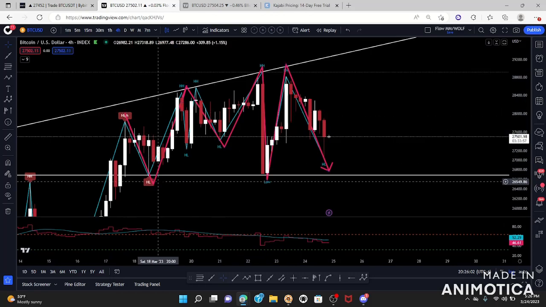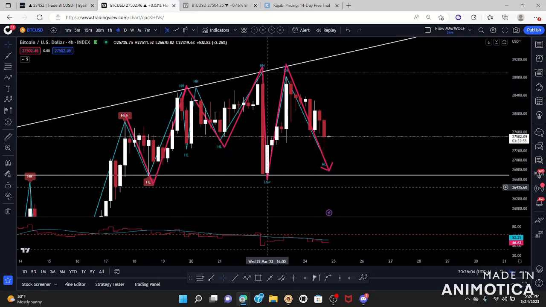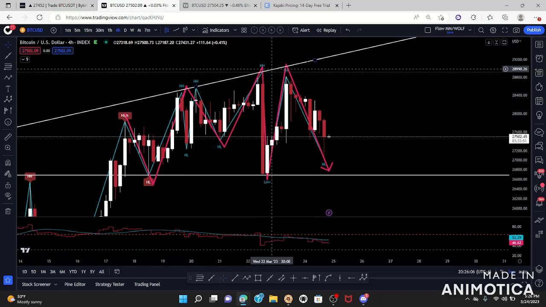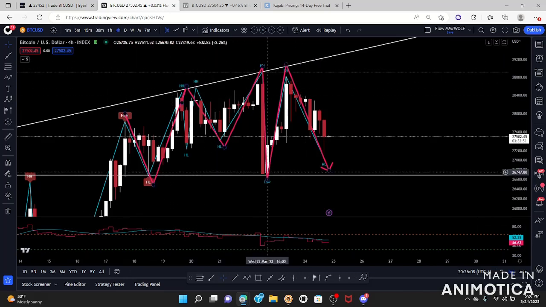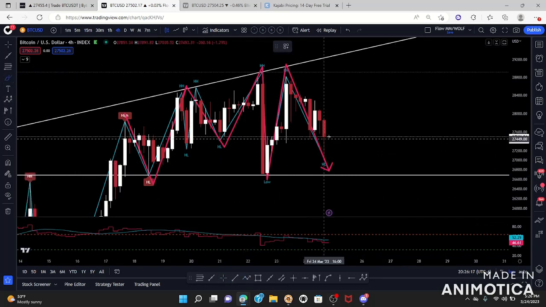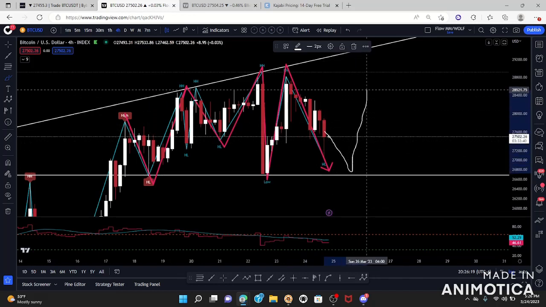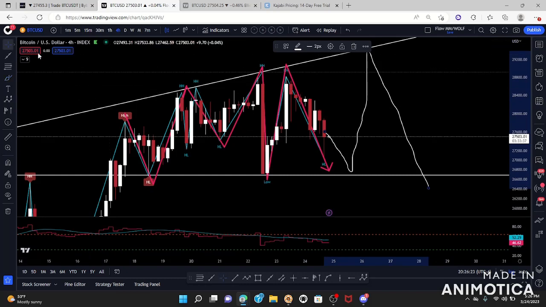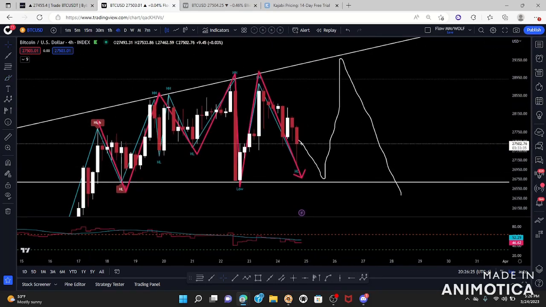Those like A, B, C, D, E, right? 1, 2, 3 touches to the top, 2 touches to the bottom. So what's not to say this continues and plays with us, and it comes down here and continues up, and then down? That could be a possibility too.